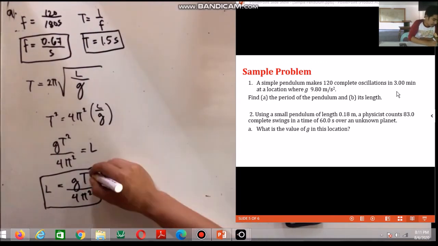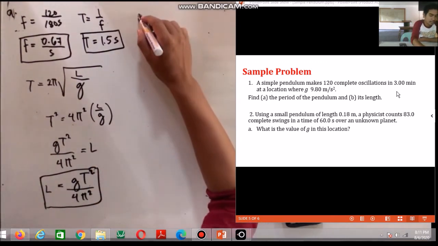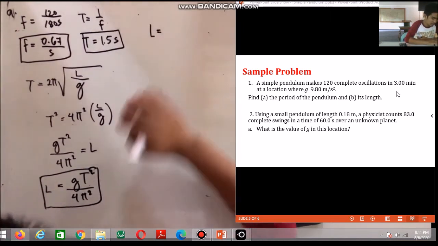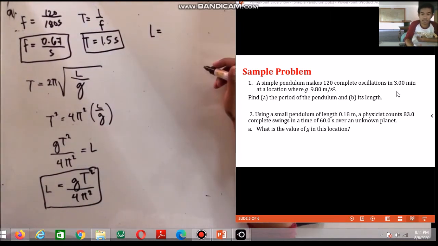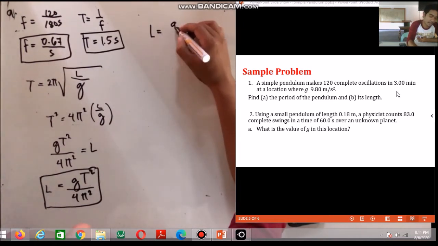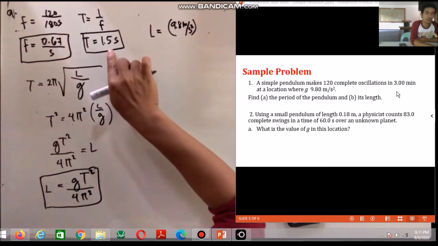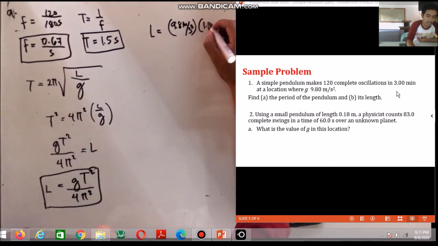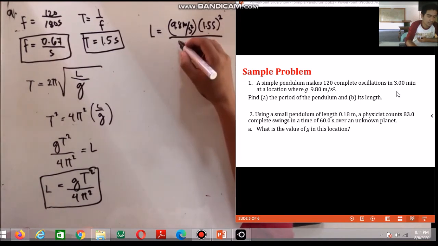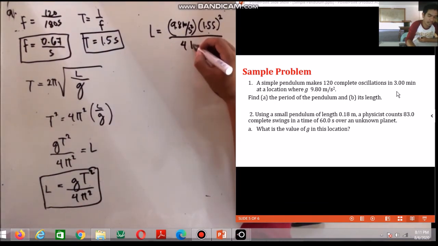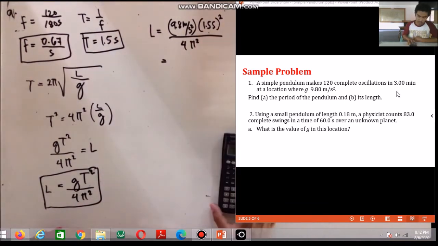Okay, so the length of the pendulum L is g, the acceleration due to gravity, 9.8 meters per second squared, times the period 1.5 seconds squared, over 4 pi squared.